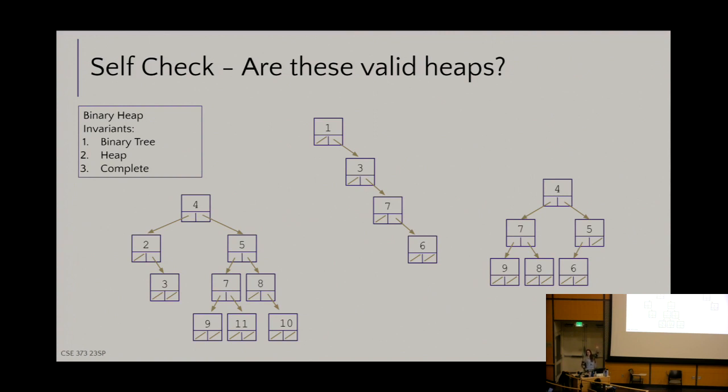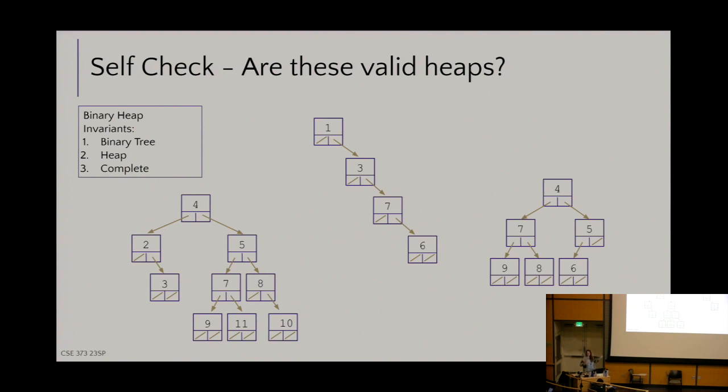I heard it. The 6 and the 7. The 6 and the 7 are not in the order we want them to be in, because 6 is smaller than 7, it can't be its child. Does this satisfy the structure invariant? No. This is unfortunately that notorious degenerate. This is not a valid heap.